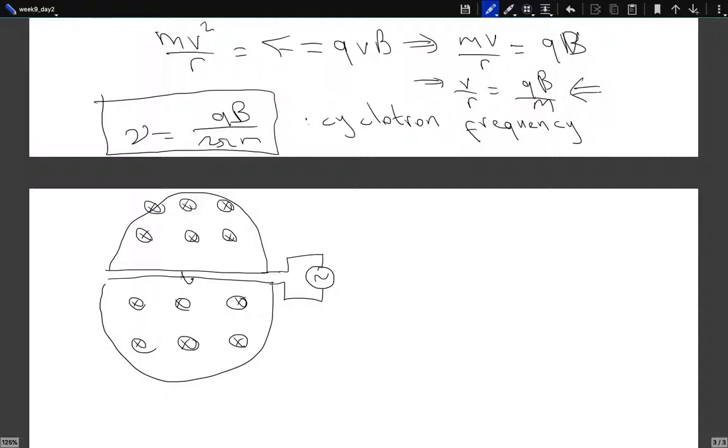So here we have an alternating potential source, so the potential changes its sign periodically. When it reaches over here, the electric field should change its direction. It was accelerating downward before, now it is accelerating upward. Now it reaches the upper so-called D. Now it is moving faster, so it will go around a larger circle.